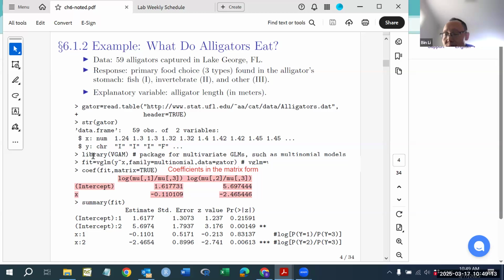Multivariate GLM means that we have multiple response variables, which is exactly the case here, such as the multinomial models. The main function in this package is vglm. We have the response y, the primary food choice, and use the length as the predictor. The family is multinomial, and the data set.